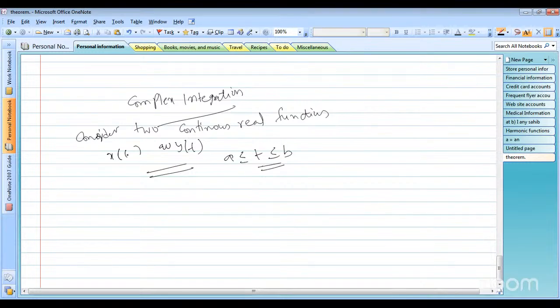The parametric equations are x equals x of t and y equals y of t, with a less than or equal to t less than or equal to b. That is the condition. This defines a continuous curve C made of all points x of t, y of t.